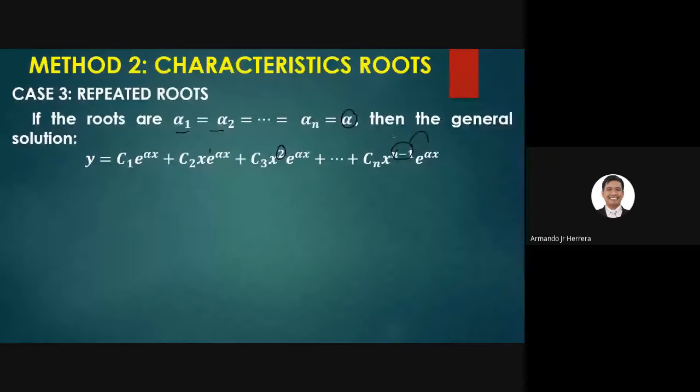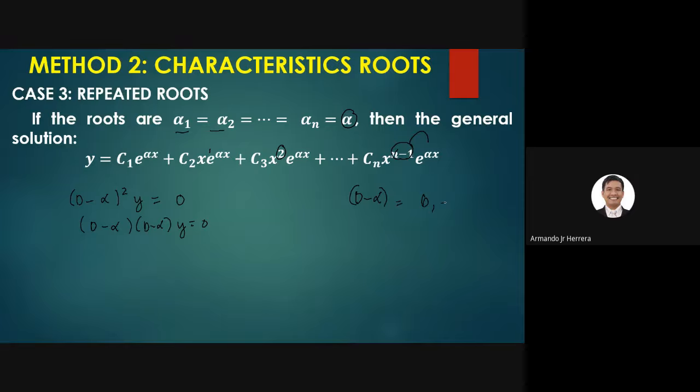So let us try to prove. So suppose I have D minus alpha raised to the second power y is equal to 0. So of course, that can be written as D minus alpha times D minus alpha y is equal to 0. So of course, the roots are D minus alpha twice.